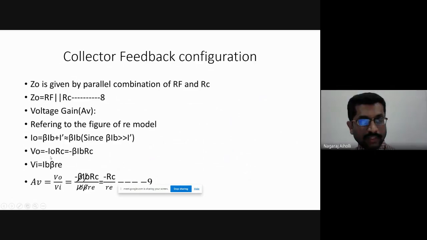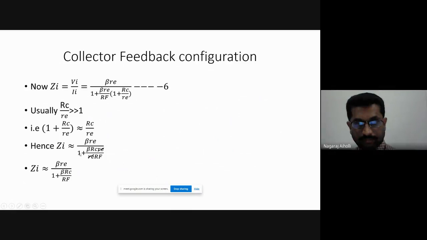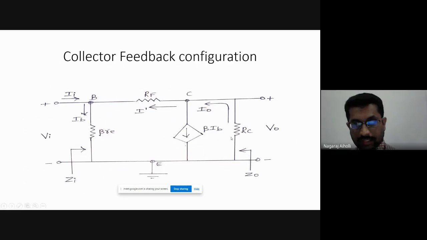We have just now written the equation for V0. V0 is minus I0 into RC. Current entering is positive, current leaving is negative. We are applying KVL to the last portion of this circuit, the RE model.